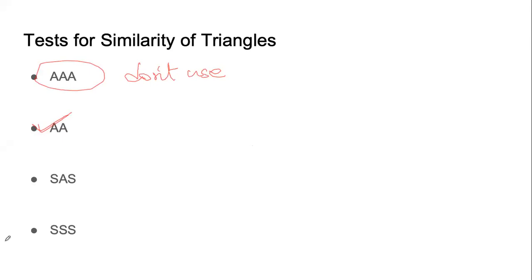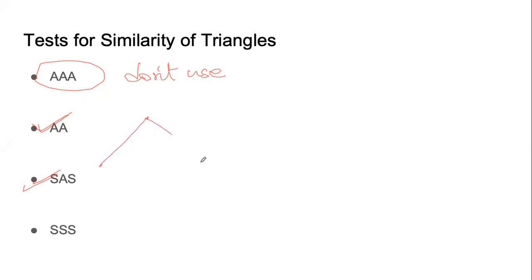So if 2 angles of one triangle are equal to or congruent to 2 angles of the other triangle, we can say that the 2 triangles are similar. Similarly, there is a test which is called SAS test, which says if 2 sides and the included angle of a triangle are proportional and congruent to 2 sides and the included angle of the other triangle, then the triangles are similar.